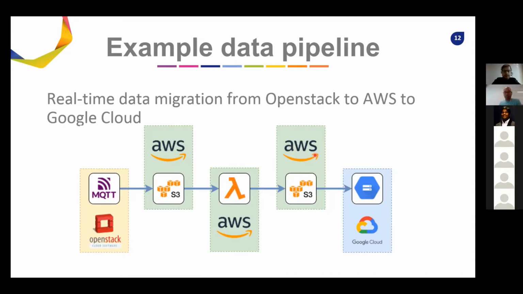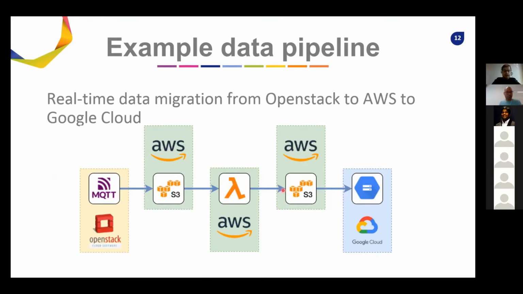But let's say we have a need to first synchronize data from an MQTT data broker that is deployed on premise in our OpenStack, and we want data that is published in MQTT to be automatically stored in this S3 bucket so that Amazon Lambda function can be triggered.